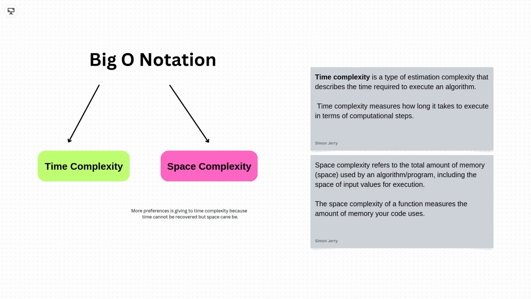The space complexity of a function measures the amount of memory your code uses. Simply put, time complexity is the estimated time it takes for a block of code to run, while space complexity is the amount of space used while a program is run.